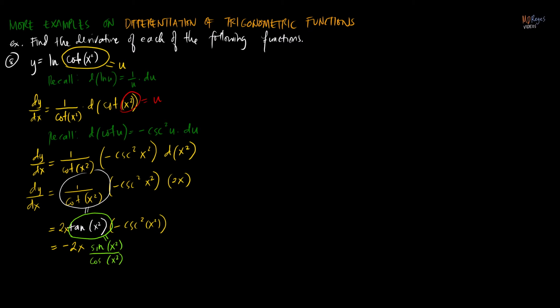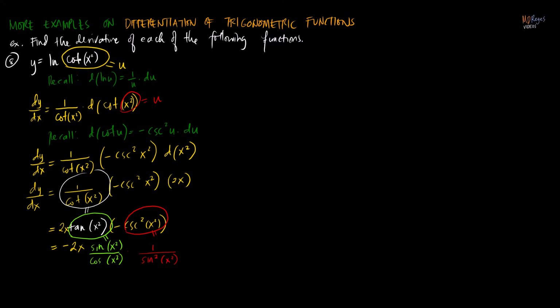Also, writing cosecant squared of x squared using sine function, by using a reciprocal identity. You know that the reciprocal of cosecant function is the sine function. So that's times 1 over sine squared of x squared.